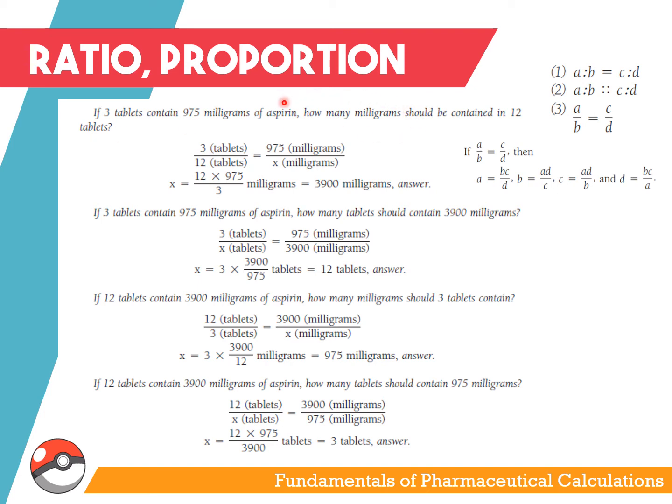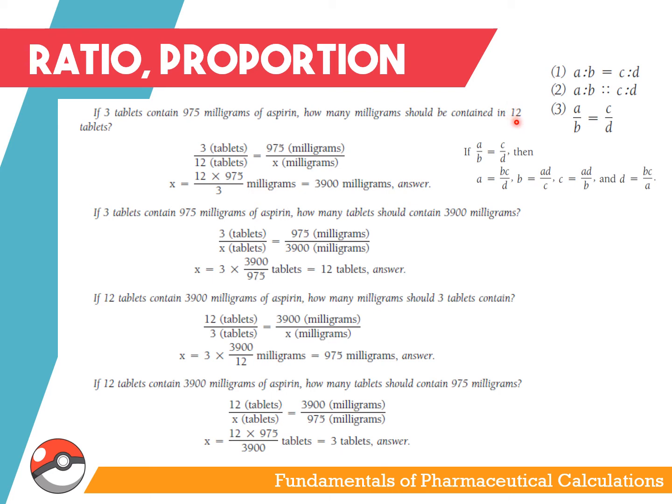So we are looking for an amount. Next step is you write the given. We have 3 tablets and we should note that it contains 975 milligrams of aspirin. And what is being asked is the quantity or the number of milligrams that is contained in 12 tablets.